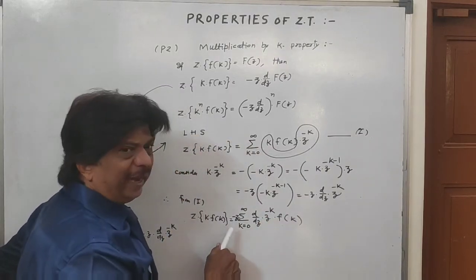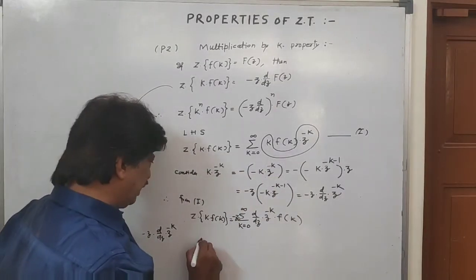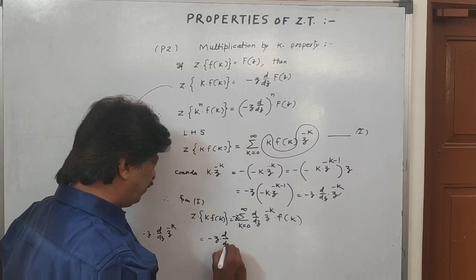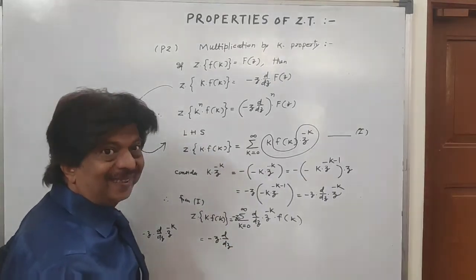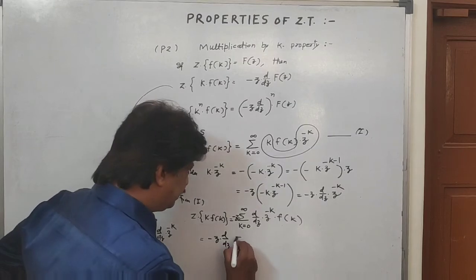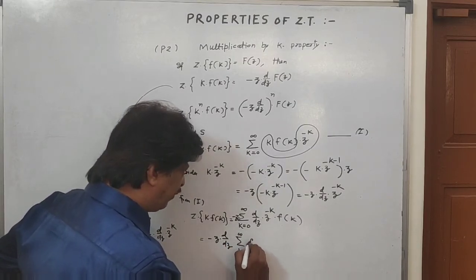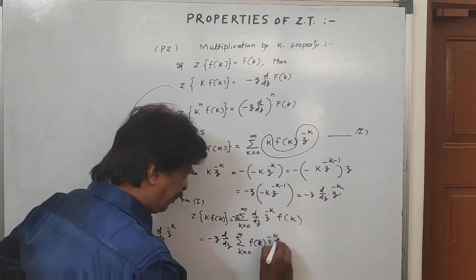Minus z is independent of k, so I have taken it outside the summation sign. So that is further equal to minus z d by dz, also independent of the summation running index k. Summation k equal to 0 to infinity f of k into z raised to power minus k.